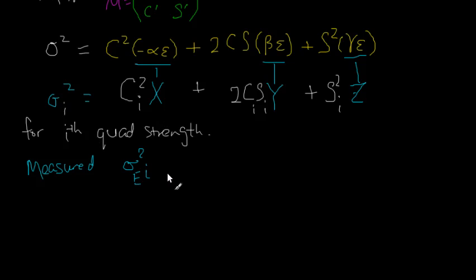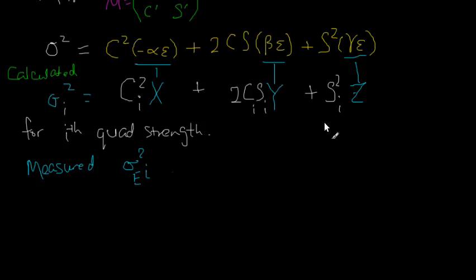Okay, so this is the measured sigma squared. Let me just write that out here. This is the calculated one. Calculated sigma i squared, that's the measured sigma Ei squared, and Ci can be calculated, and X, Y, Z are the unknowns that we want to find.